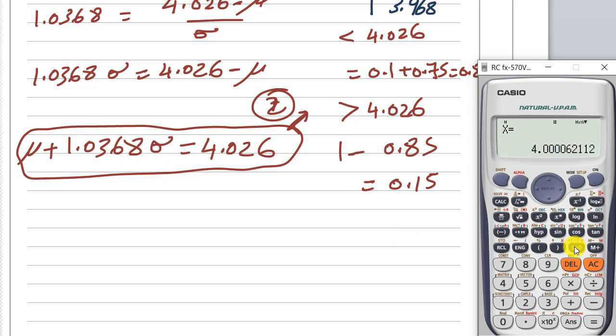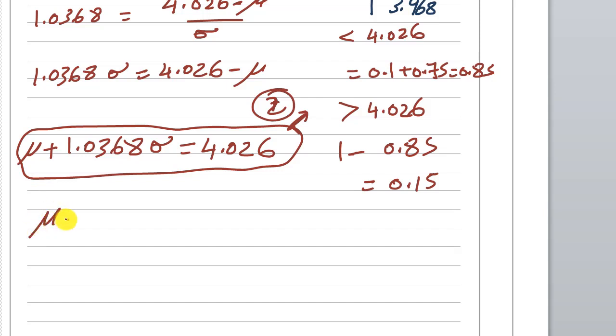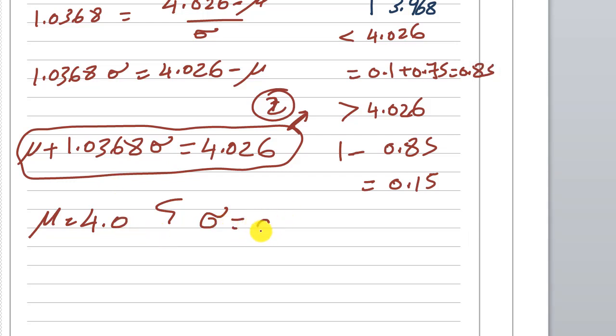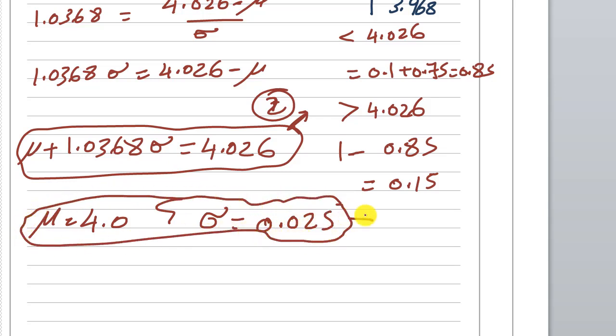Now the first value is x1, mu equal to 4, and sigma equal to 0.025, and this is the answer of this question.